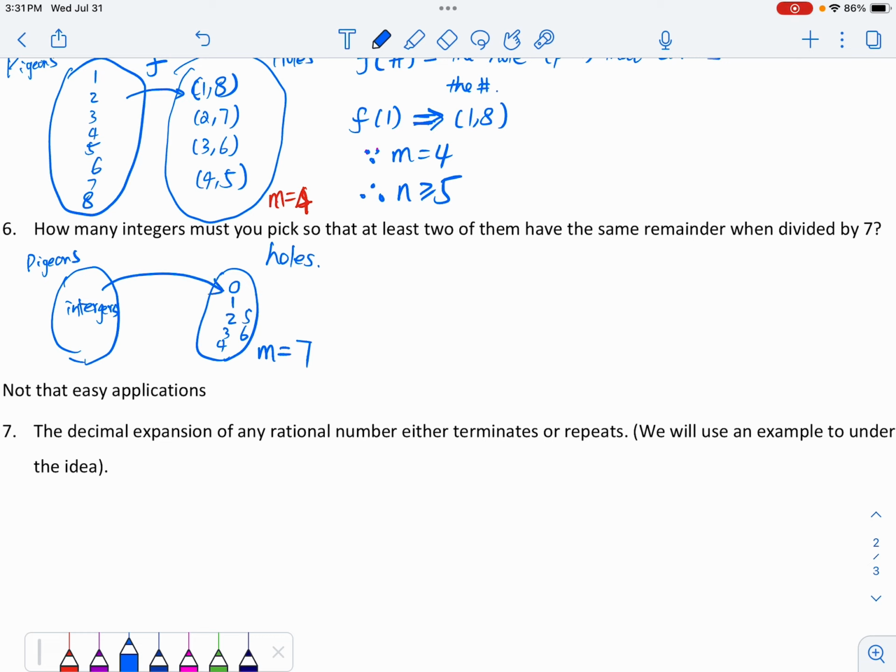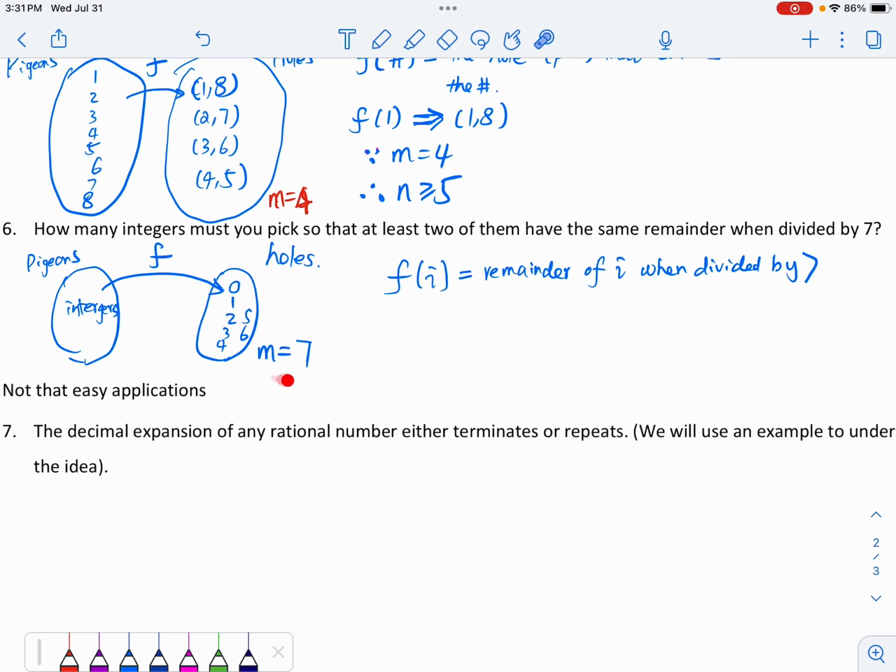And what is the mapping f? Let's say f of i, where i represents an integer that is chosen, will be equal to the remainder of i when divided by 7.